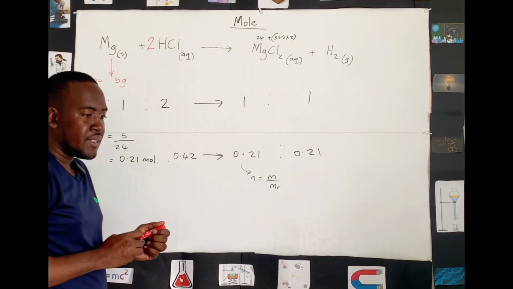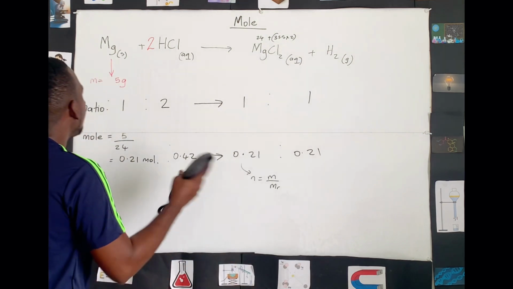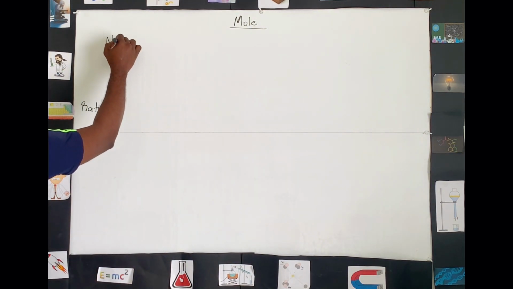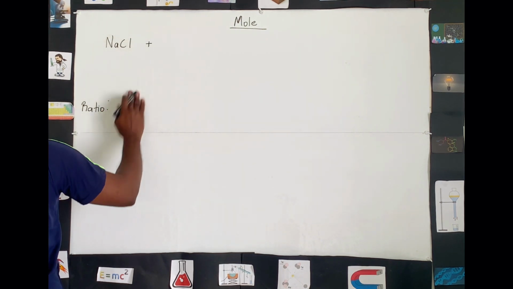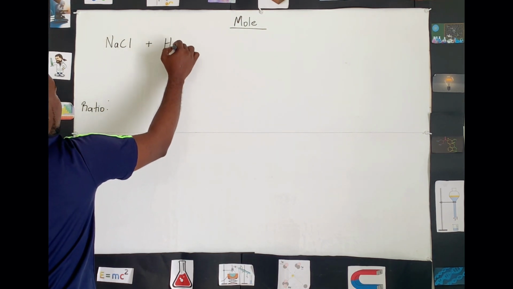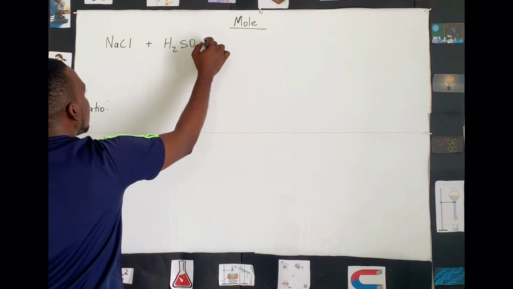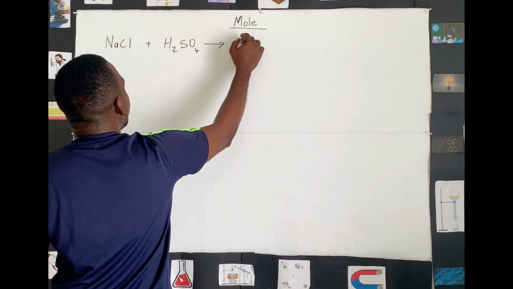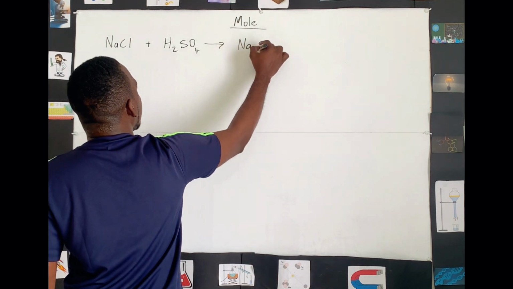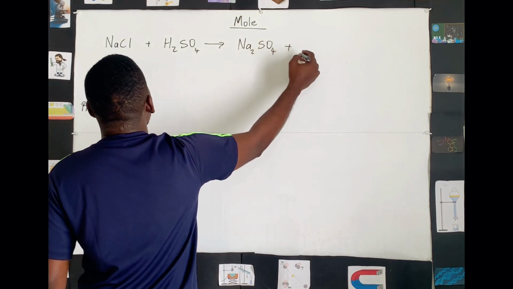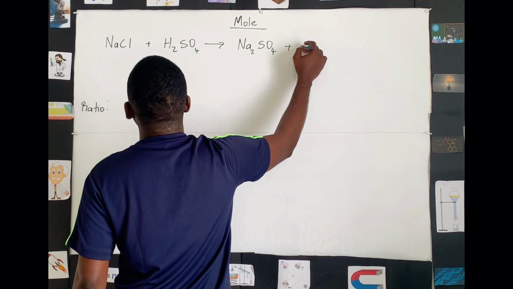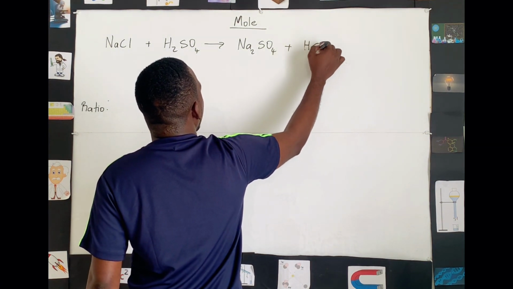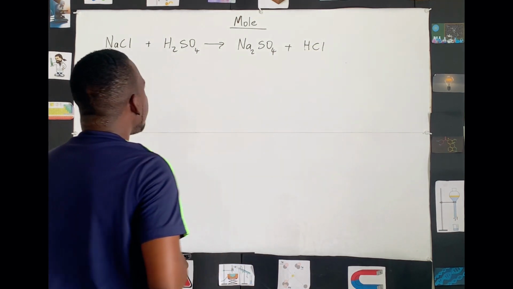So let's replicate this for another formula. Let's say we had sodium chloride combining with hydrochloric acid. Sulfuric acid, sorry. So our formula would be Na2SO4 plus hydrogen chloride.